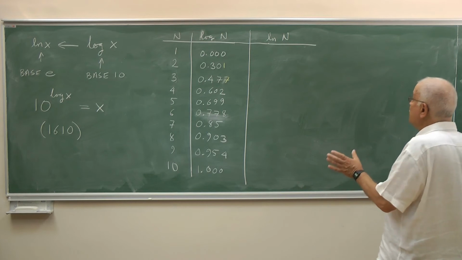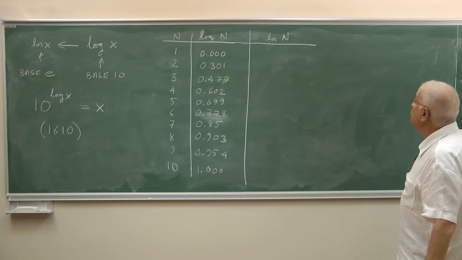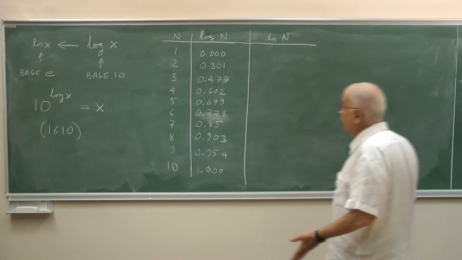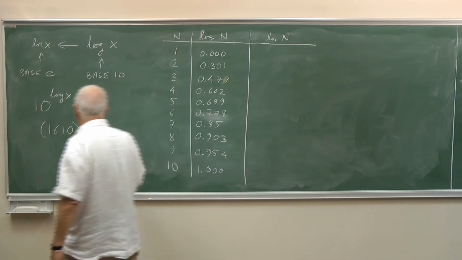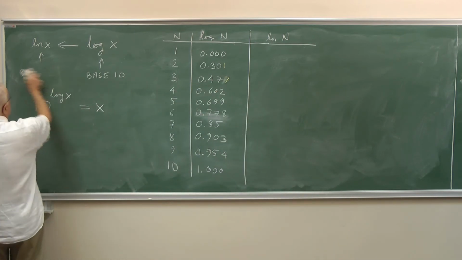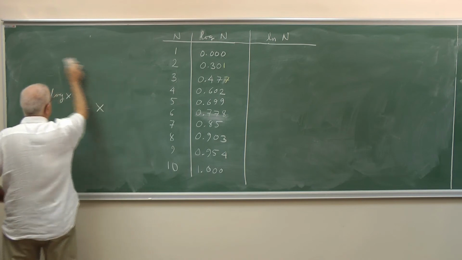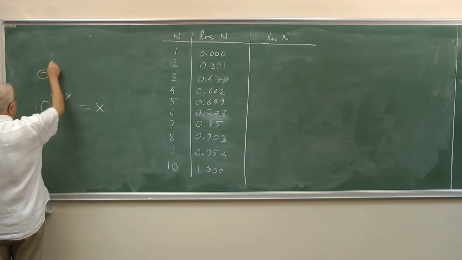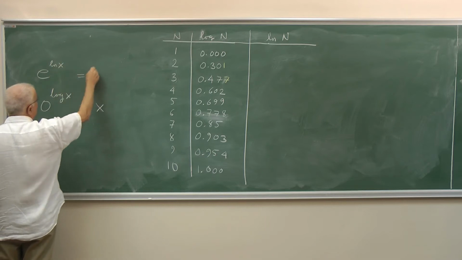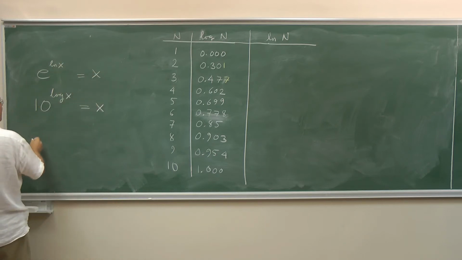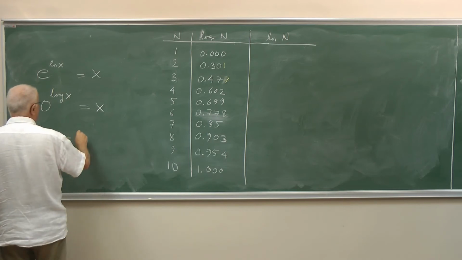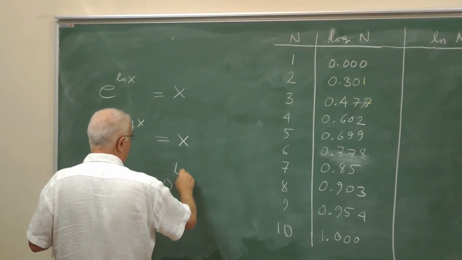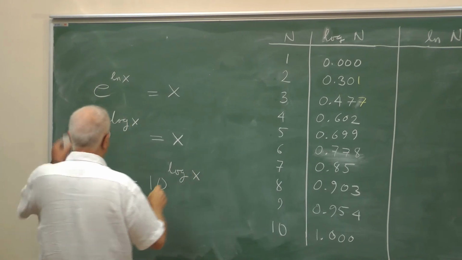Now, what is the relationship between log n and ln n? Just like 10 to the log x equals x, e to the ln x equals x. So I may write e to the ln x equals 10 to the log x.